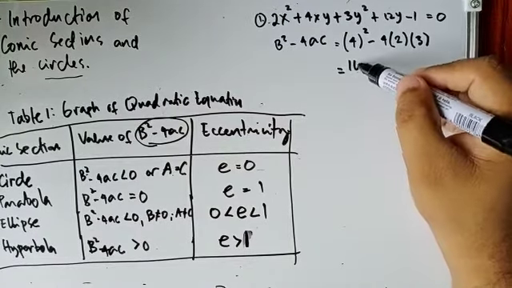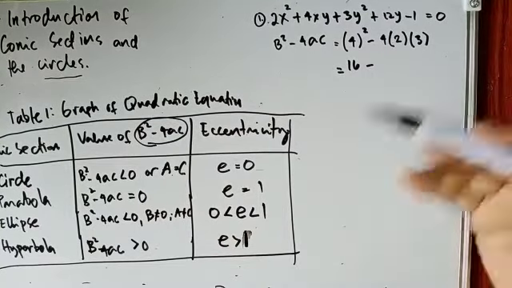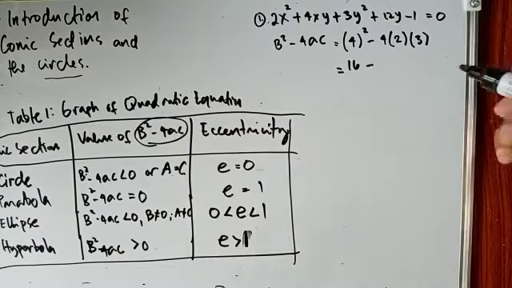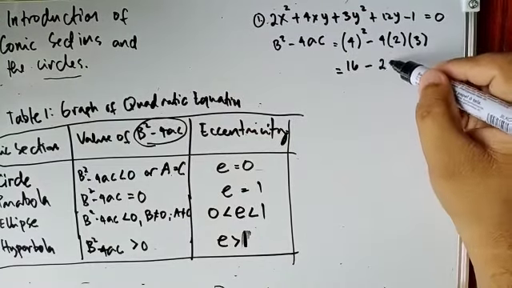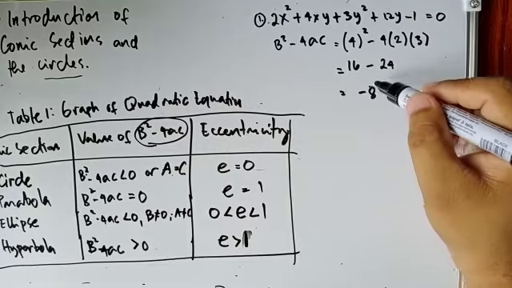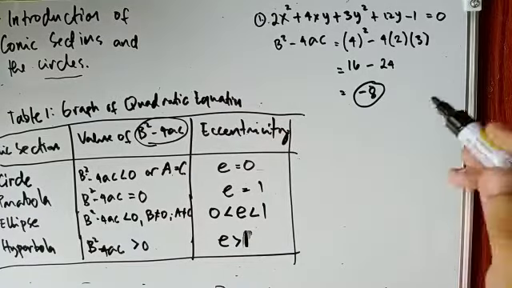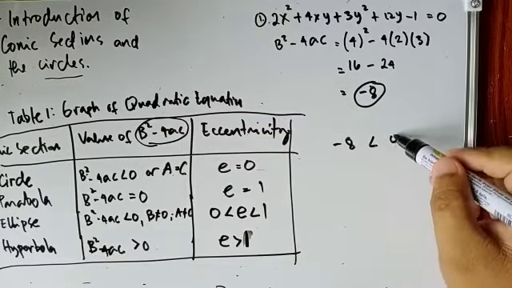What is 4 squared? 16 minus 4 times 2, that is 8, times 3. What is 8 times 3? Yes, we have 24. 16 minus 24, that is negative 8.